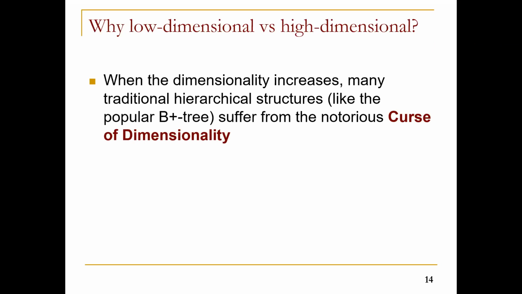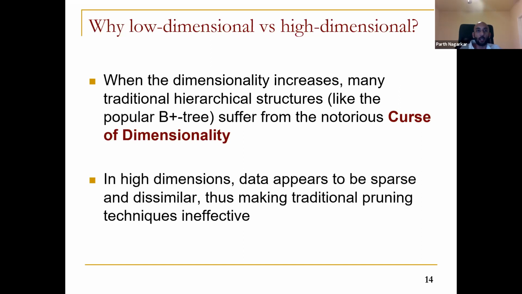Many traditional hierarchical structures like the B+tree suffer from the notorious curse of dimensionality. Basically, as the dimensions increase, the data appears to be sparse and dissimilar, and this makes the pruning techniques that B+trees and other traditional structures use really ineffective.